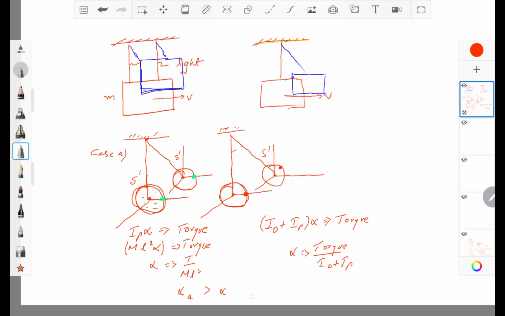We can then say that this angle beta, make it alpha prime, this angle beta will be greater than alpha prime, owing to retardation being less.